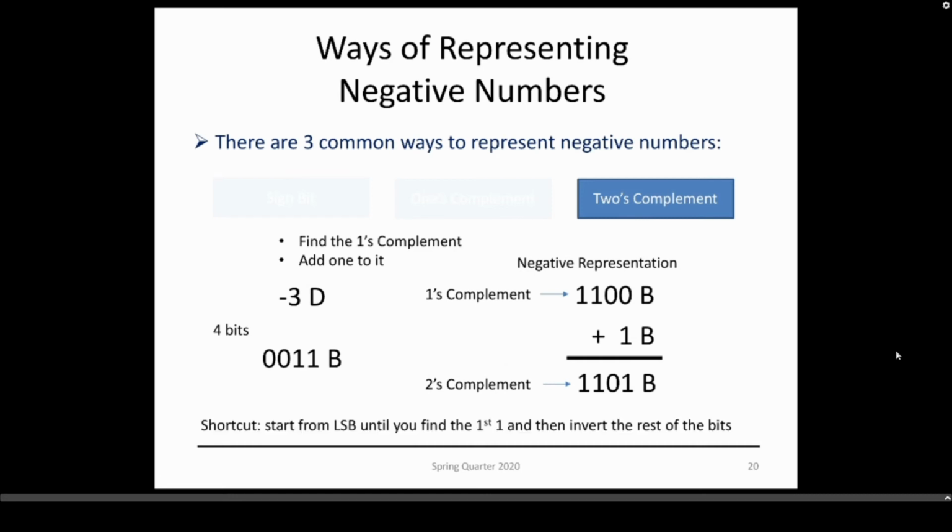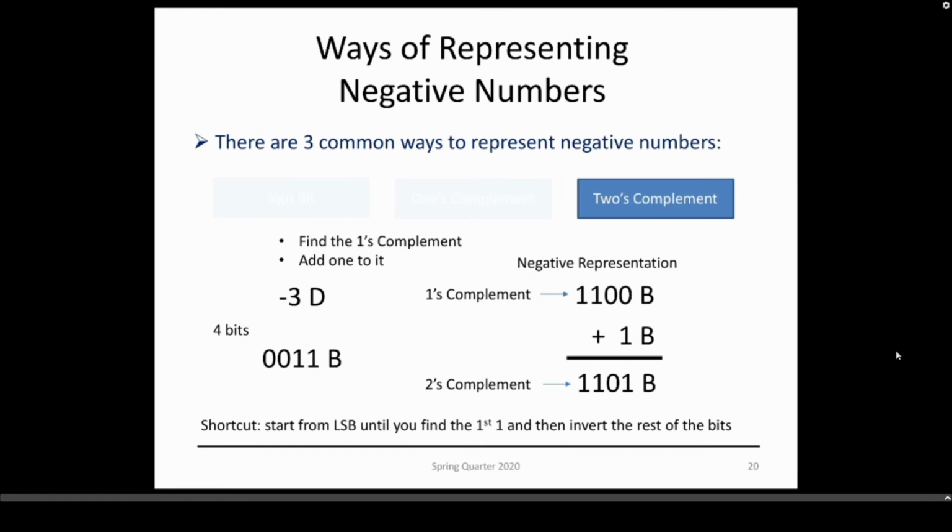There is a shortcut that you can use for the 2's complement, which is instead of using this first complement and then adding 1, you can actually start from your least significant bit until you find the first one and then invert the rest of the bits. So let's go here to our number 3 and I start from my least significant bit, which is this one, until I find my first one, which is exactly this guy.